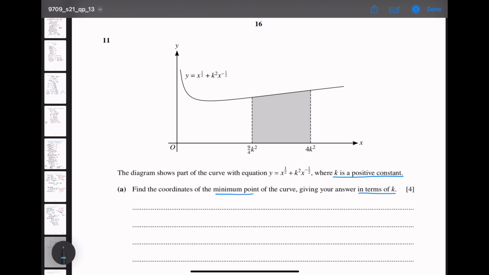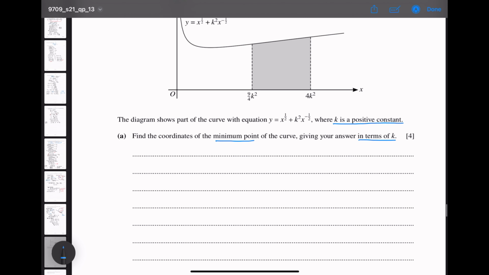For the minimum point, the value of the gradient will be 0. So first we will find the gradient of this function.